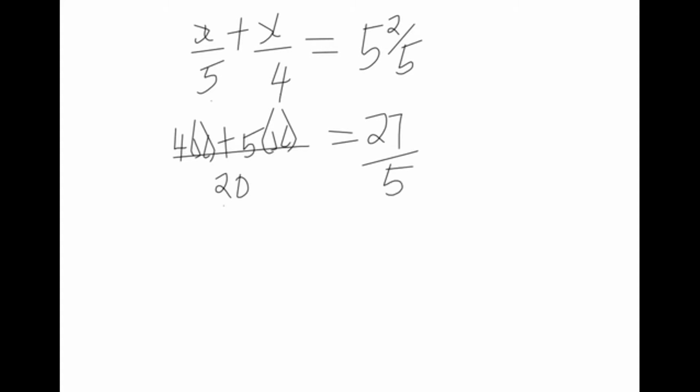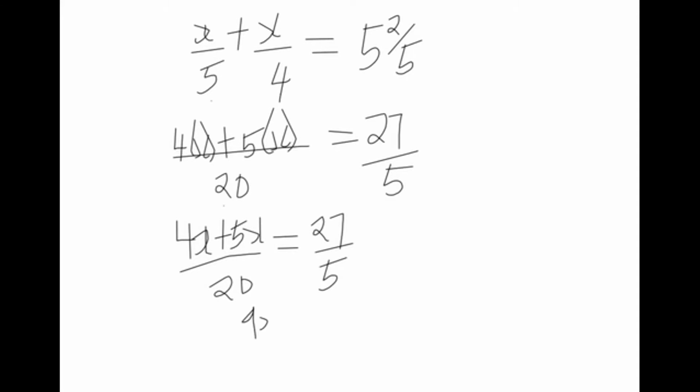So we'll have 4x plus 5x over 20 equals 27 over 5. This is the same as 9x over 20 equals 27 over 5.